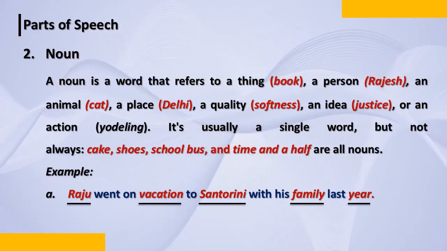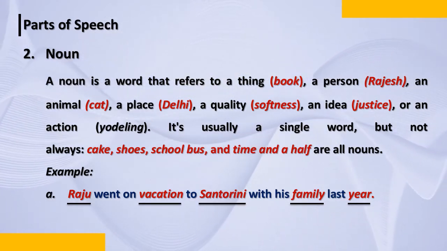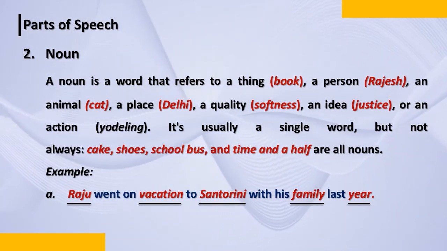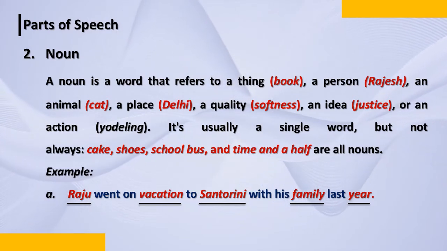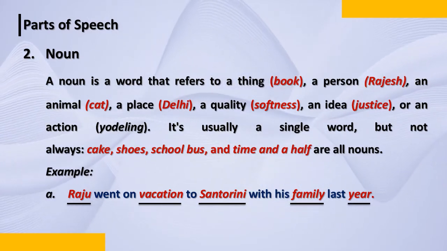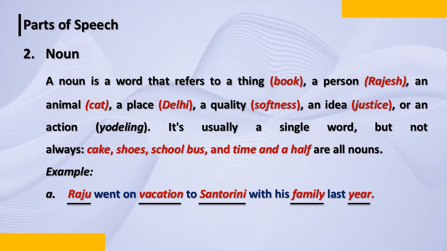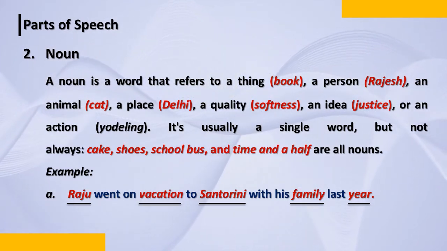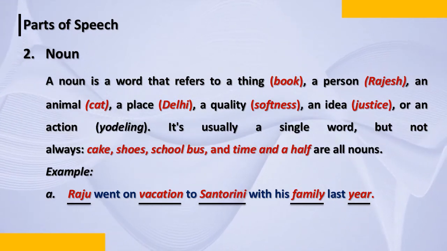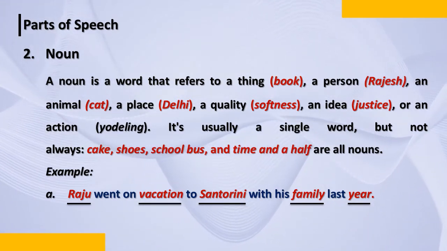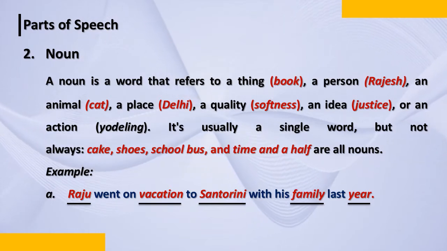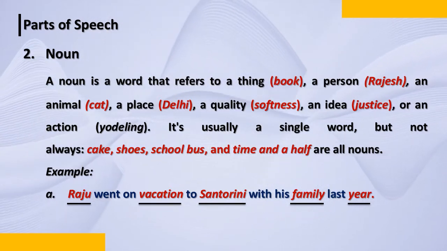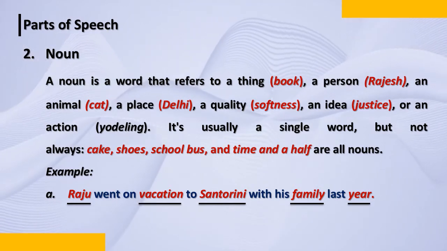The 365 days is the time the earth takes to rotate around the sun. So year is the timeline. So the name, place, it can be an idea. All these are nothing but nouns.